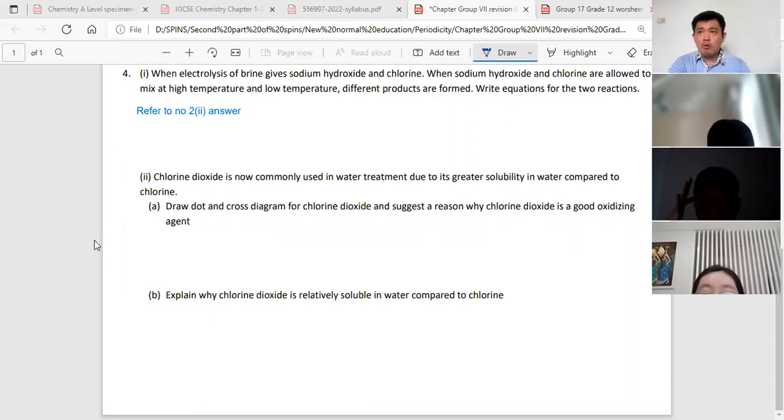Chlorine dioxide means there are 2 oxygen and 1 chlorine.